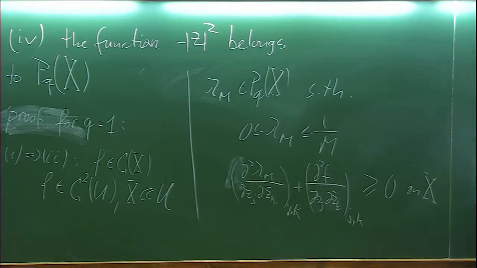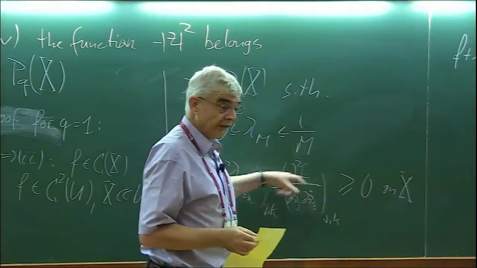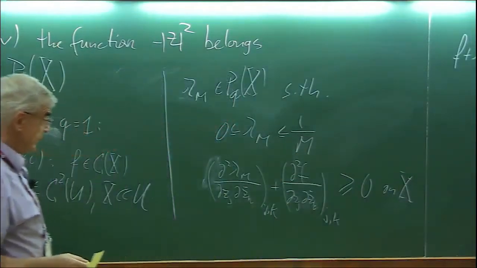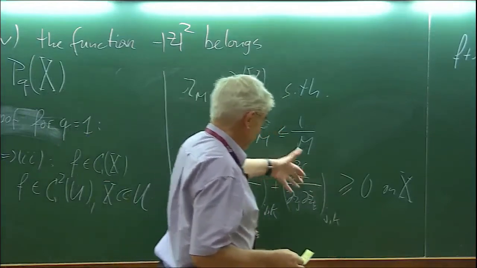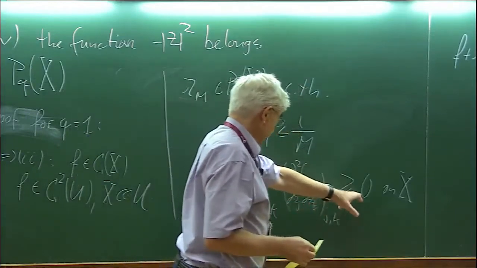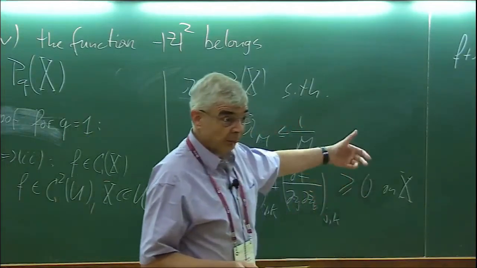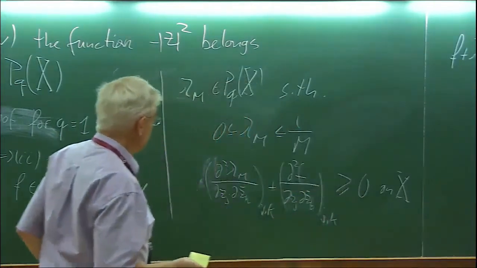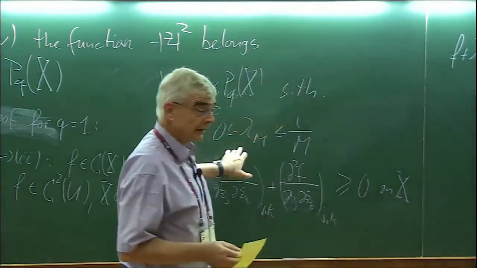This is in PQ because of this. It's bigger than or equal to 0. If you want to, you can make it a little bit bigger than 0 on X, so you have bigger than or equal to 0 in the neighborhood. And so this will be in PQ of X, but of course lambda m is small.